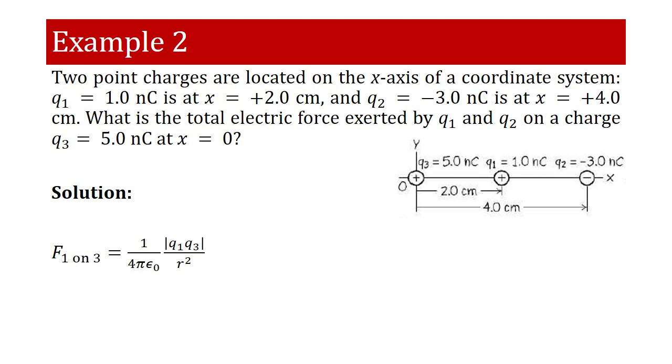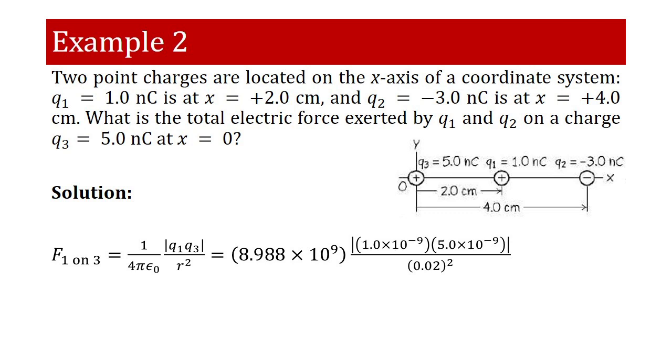So we will first get the force exerted by charge 1 on charge 3, that is F1 on 3. Using the formula, 1 over 4 pi epsilon 0, that is 8.988 times 10 to the 9. We omit the units to keep the calculations short, but we should be reminded that the units used in all of our calculations must be standardized, SI.